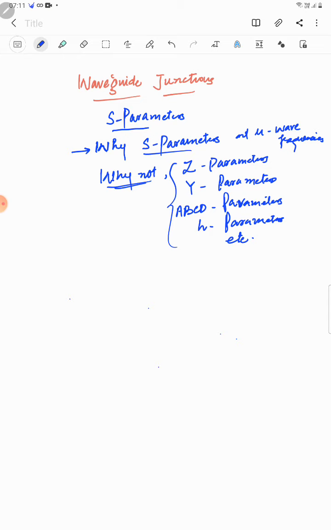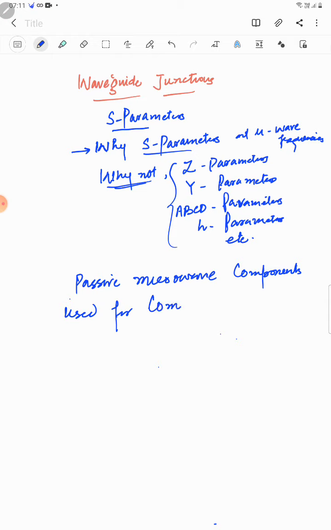Now, the first thing that we'll discuss is waveguide junctions. So what are waveguide junctions? Waveguide junctions are basically passive microwave components used for combining or splitting microwave power.